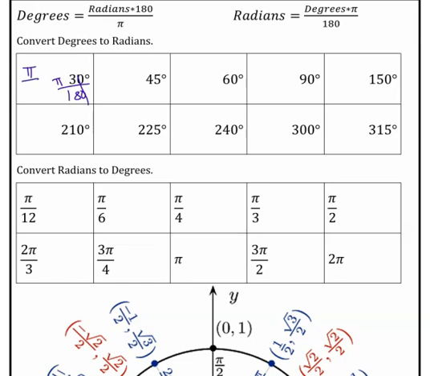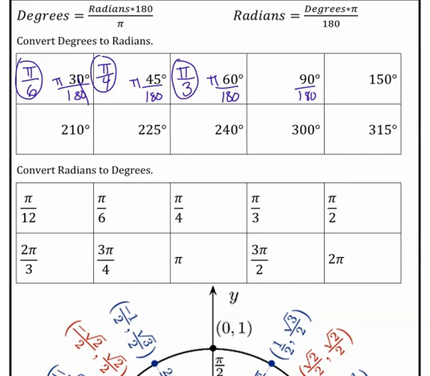So our radians would be pi over 6. 45 over 180, we could divide both of these by 45, and that gives you pi over 4. 60 over 180, you could divide those by 60. Pi over 3.